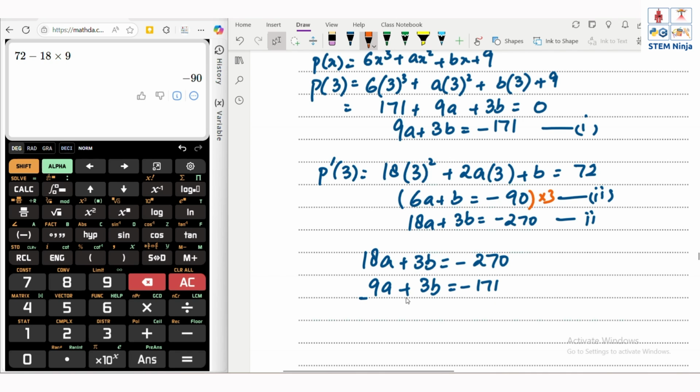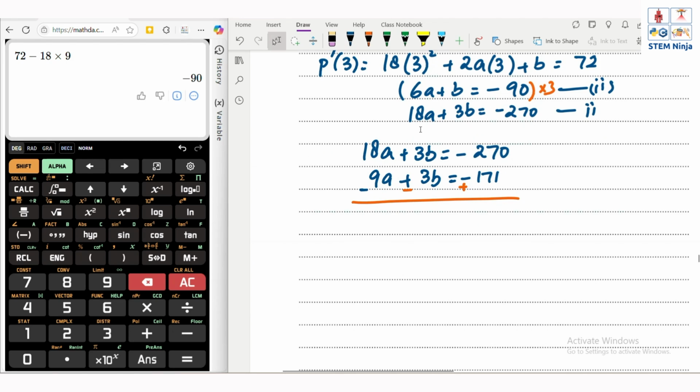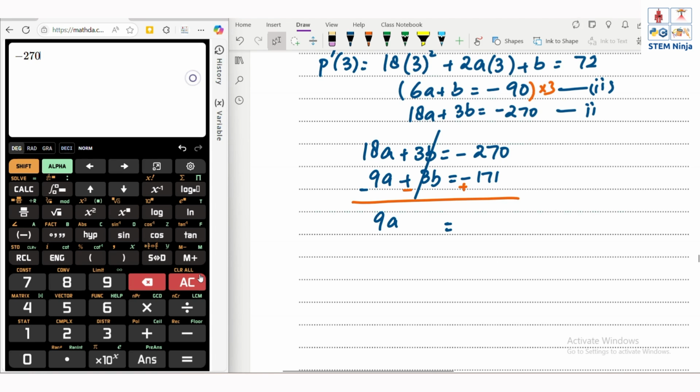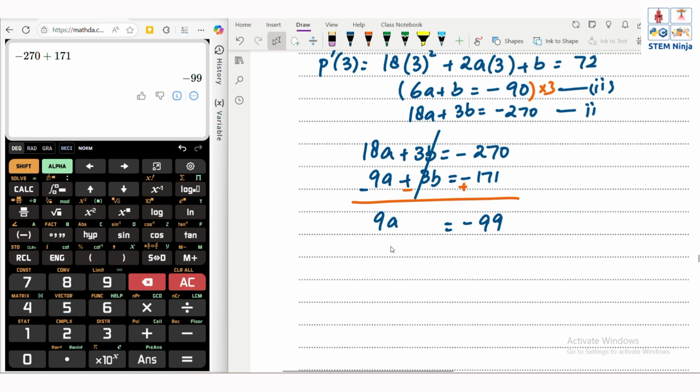We subtract these two equations, we get 9a equals minus 270 plus 171, minus 99. So a is minus 11.